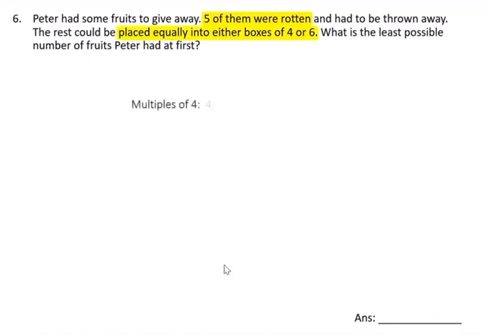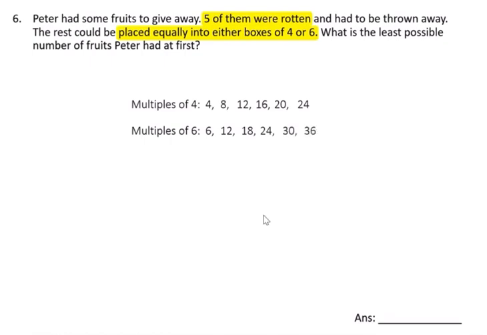So it'll be 4, 8, 12, 16, 20, 24, and so on. But what about boxes of 6? It will be in multiples of 6. Let's say one box has 6 fruits. There'll be 6, 12, 18, 24, 30, 36.